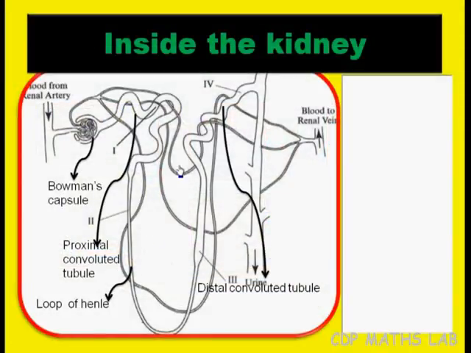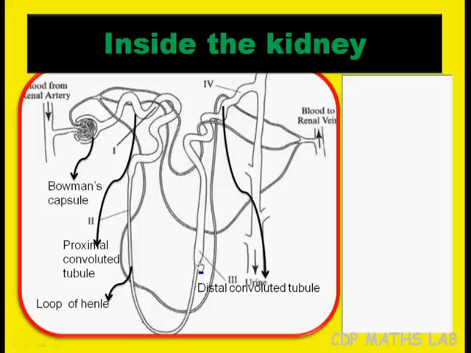All right, now we're going to take a very good look at what happens inside the kidney. Now note, once again you can see this is the renal artery, and then this area right here is called the Bowman's capsule, and then this tubular curve is called the proximal convoluted what?